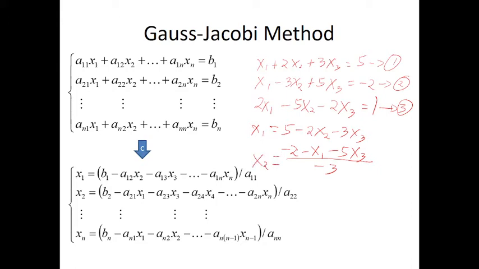So x sub 2 is negative 2 minus x sub 1 minus 5x3 all over negative 3. This is now x sub 2 in terms of x1 and x3. That was for equation 1 and for equation 2.